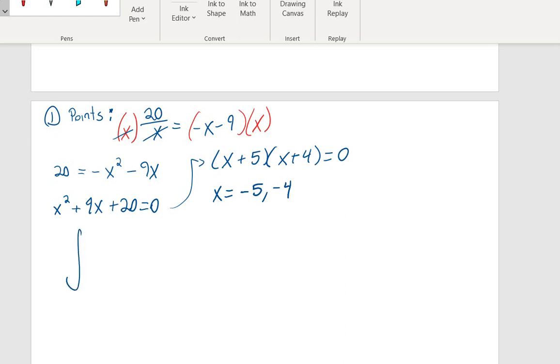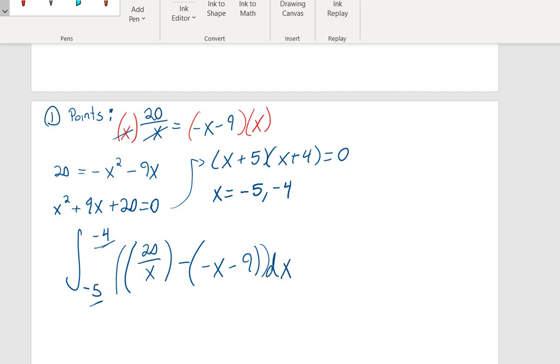Now when I set up my integral, I'm going to have it go from -5 to -4. Remember, the smaller number goes on the bottom, so since these are negative, -5 is smaller than -4. And again, I'm going to have my top function minus my bottom function. You can see why these parentheses are so important, because that negative is going to make this a positive x and a positive 9.